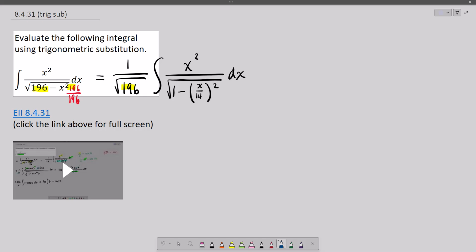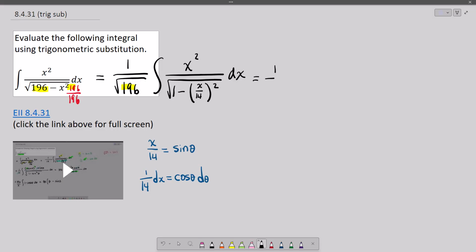So here is where we're going to pick the sine, secant, or tangent. We've got a difference of squares with the leading 1. So we're going to let x over 14 be sine theta. And so this would give us, when we take the derivative, 1/14 dx will be cosine of theta d theta.